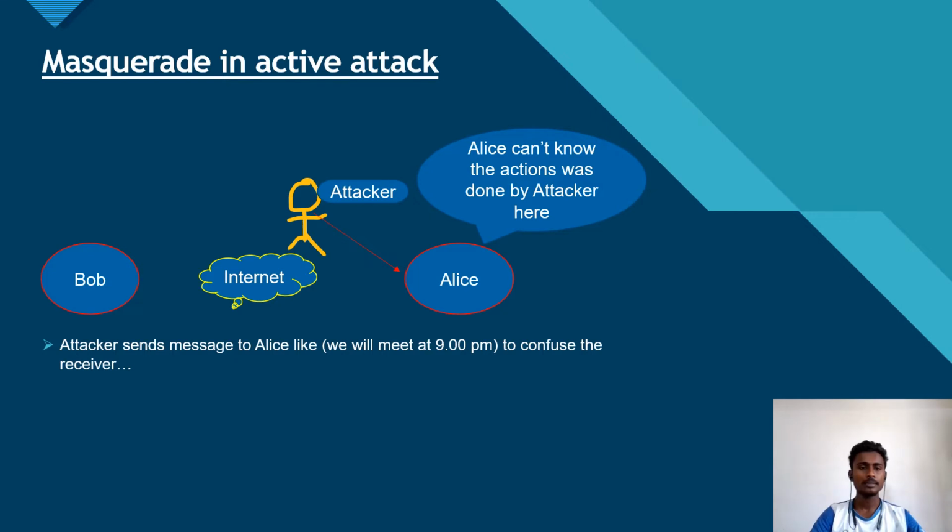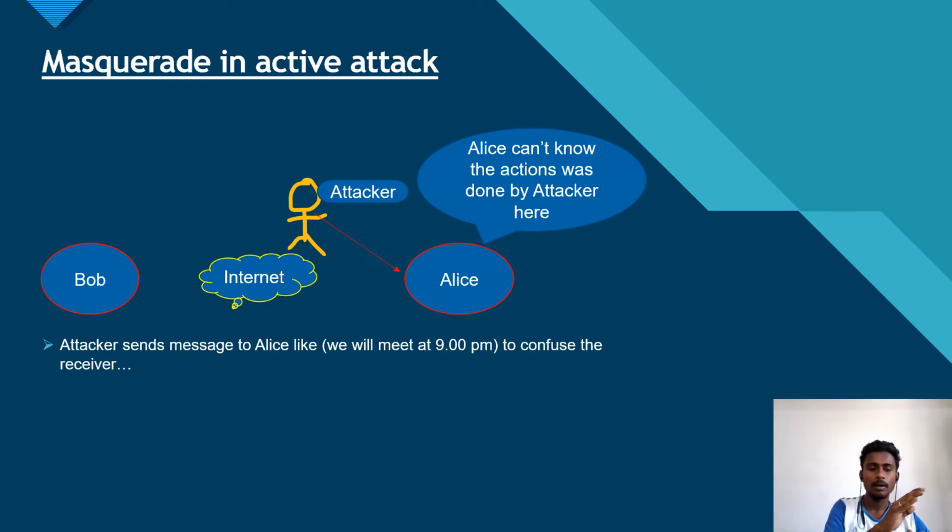In this slide, I have mentioned the masquerade in active attack. Just consider the scenario as in the previous slide. Bob will be here, and Alice will be here. In between the sender and receiver there is the internet, and the attacker will be here. The scenario is that the attacker sends some message to Alice, like "we will meet at 9 p.m.", to confuse the receiver.